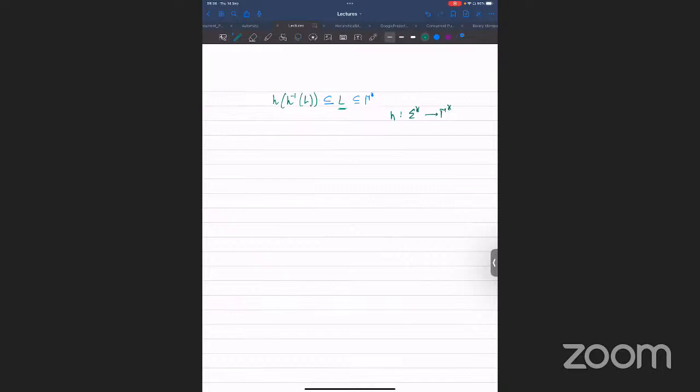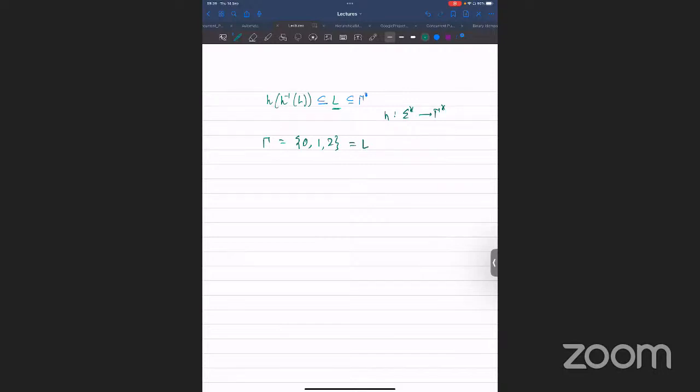So what is your L? L is 0, 1, 2. L is 0, 1, like this. So is it gamma or is it L? You are saying 0, 1, 2. Okay, so this is gamma and this is also equal to L.